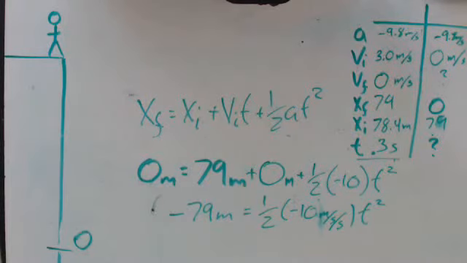Okay? Half of 10 is 5, so I'm left with negative 5 over here. So I've got negative 79 meters is equal to negative 5 meters per second t squared. I bring this term over to the other side by dividing it, and that's about 80.